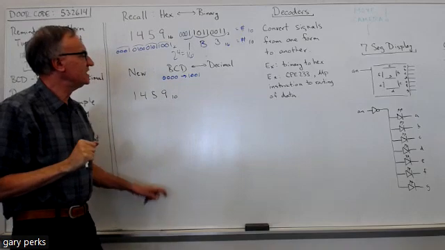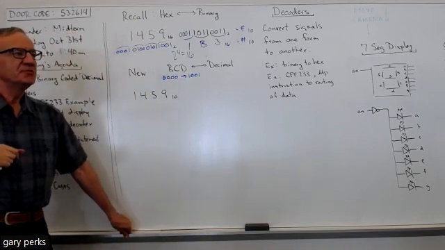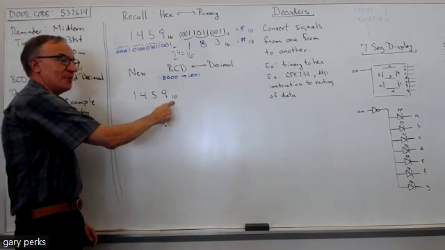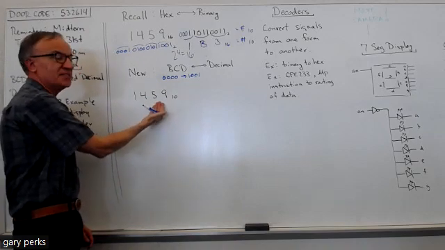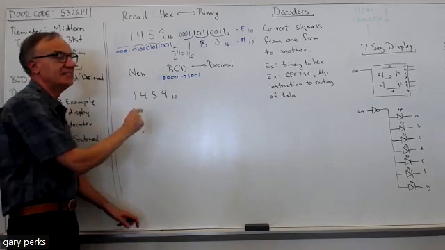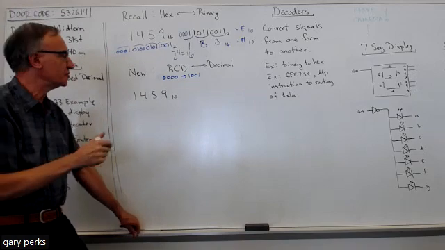And we use BCD sometimes to represent a base 10 number. So now I'll take this 1459 as a base 10. And if I want to write this base 10 number as BCD, I just write each base 10 character as a 4-bit binary group.